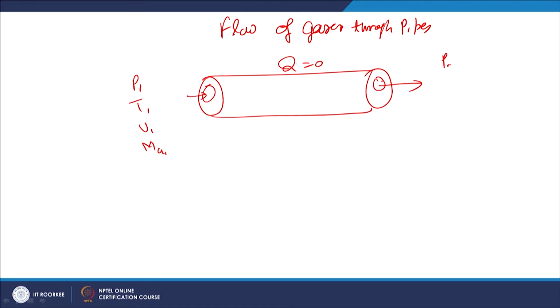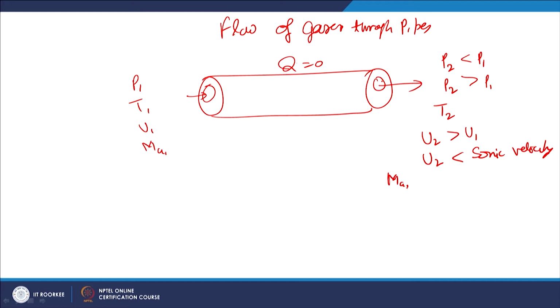The final conditions are P2 is less than P1, T2, U2 is greater than U1 or U2 is less than sonic velocity, Ma2 is greater than Ma1 and Ma2 is less than 1.